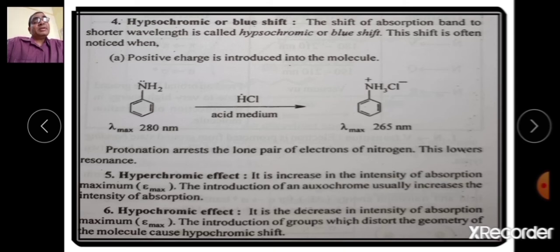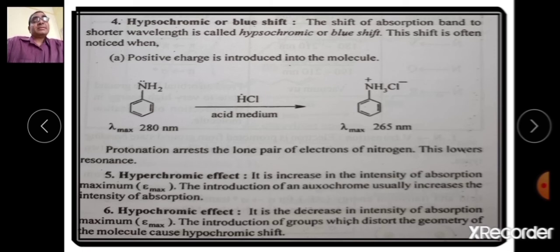When it is in HCl, hydrochloric acid as the medium, these lone pairs are utilized in bonding, and thus lambda max decreases, and therefore the shift is known as hypsochromic, that is the blue shift. This is totally reverse to the bathochromic shift. Protonation arrests the lone pair of electrons on nitrogen, and therefore the lone pair is unavailable, and this lowers the resonance.